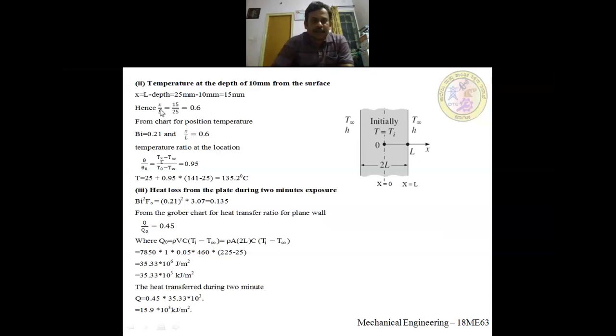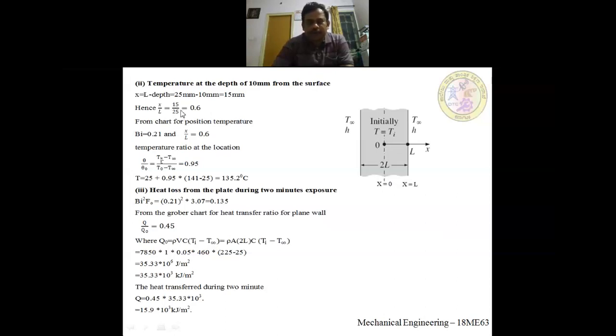So we need to calculate x by L, the position ratio: 15 by 25, where x is 15 and the half thickness is 25, substituted in mm.